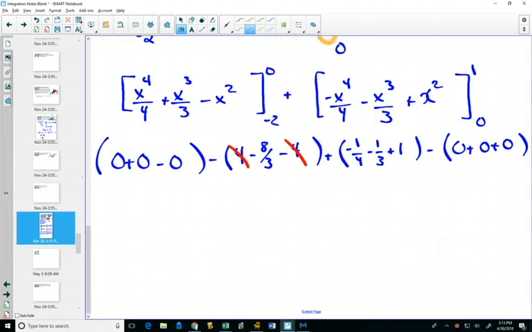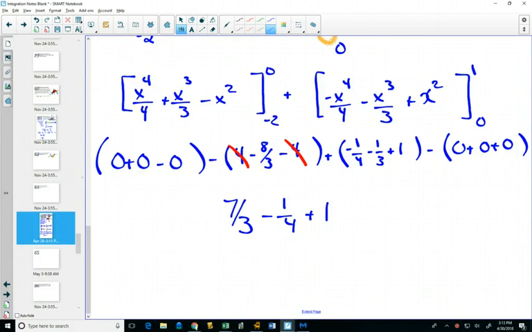And so what do we get? We get 8/3. Then we add a -1/3, so it'll be positive 7/3, minus 1/4 plus 1.